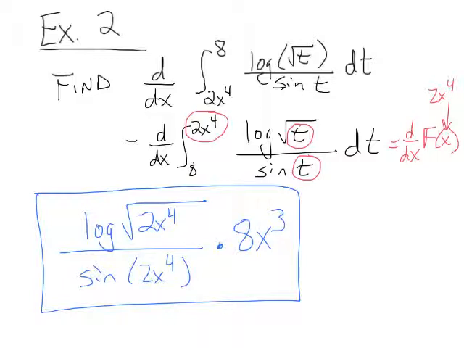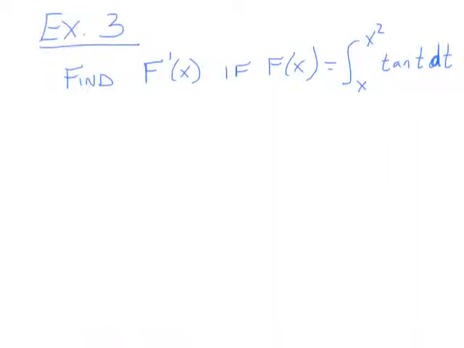Let's take a look at an example where both of the boundaries are in terms of x. What we see here is x in the lower boundary and x squared in the upper boundary. If you wanted to think about it, big F goes from x to x squared, and we're trying to find the area under there.